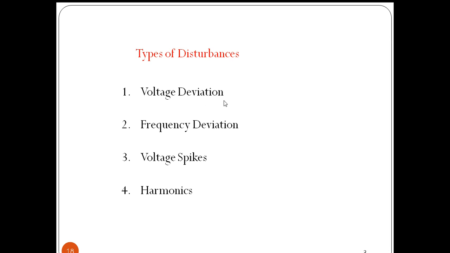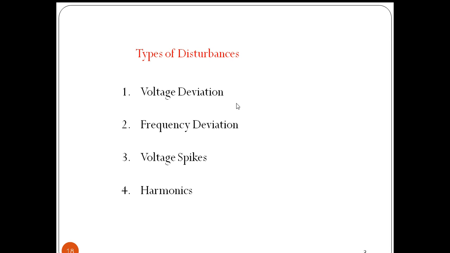Voltage deviation. Actually, we need to get a nominal voltage, that is 230 volts supply for single phase, and 440 volts for three phase. But when we are operating, due to the operation of load end and during power supply from source to load, there will be some power loss.